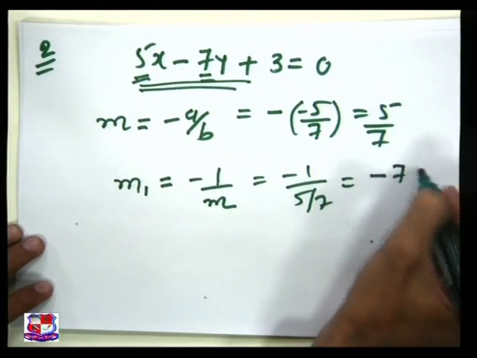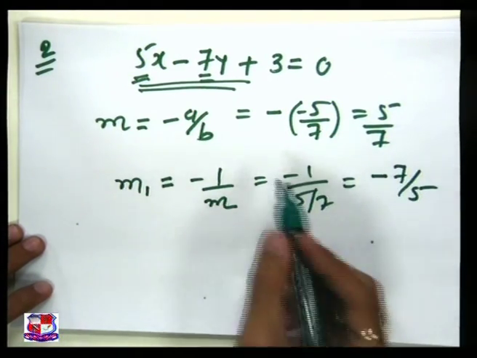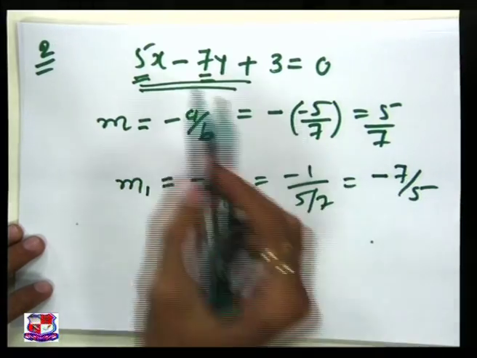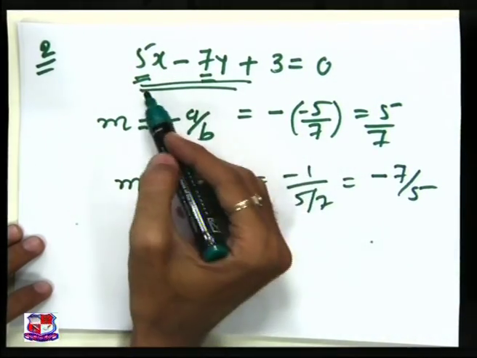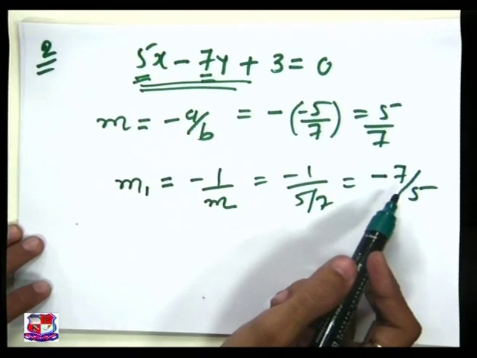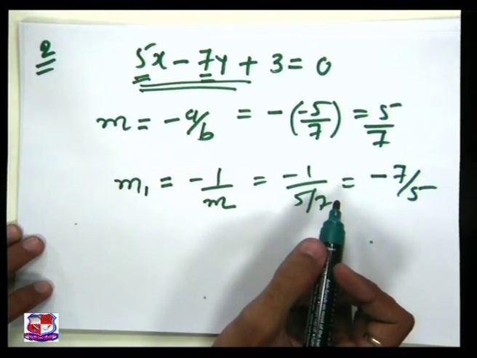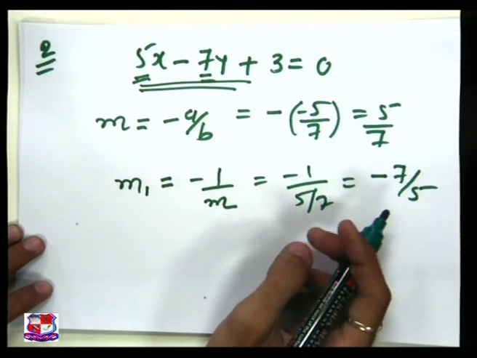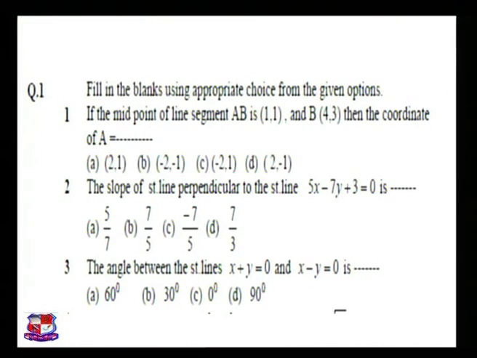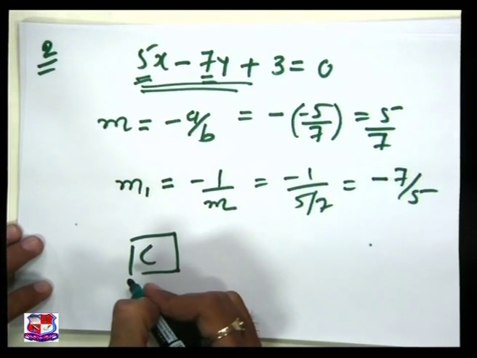So our answer is minus 7 by 5, which is option C. So for the second question our answer is C, that is minus 7 by 5.